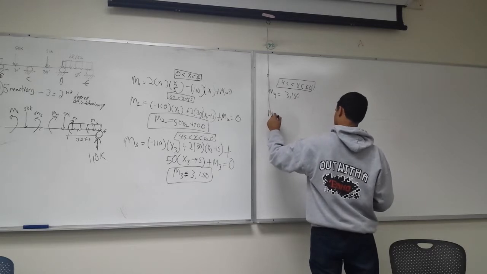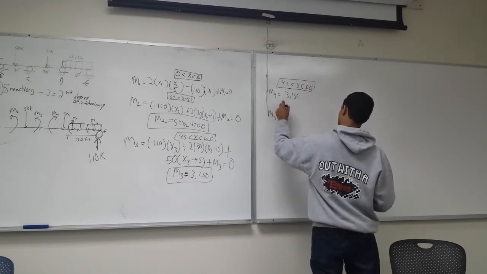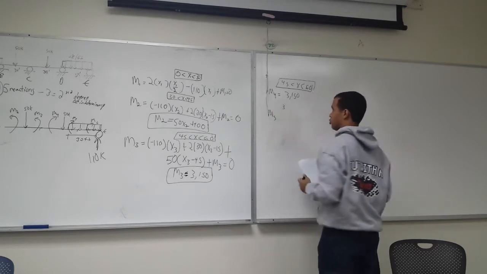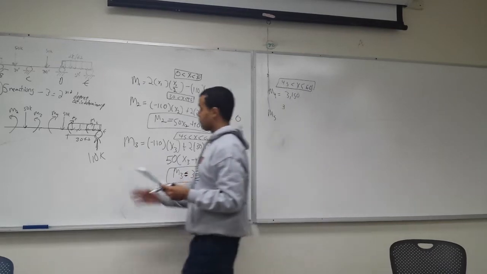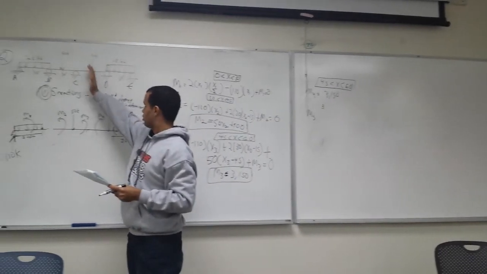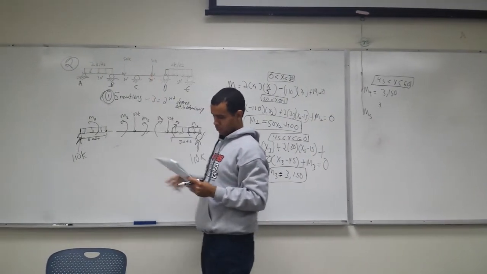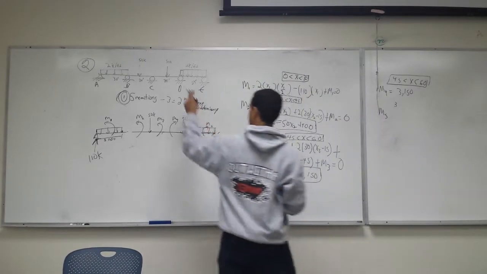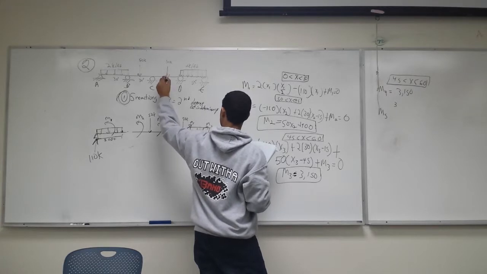M5, we're working backwards now. We're going from this part to this part for the fifth one. So we're going to start off from the displacement of 30 to 45 feet.